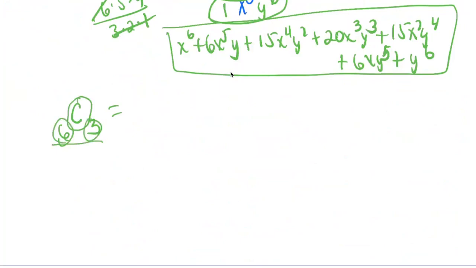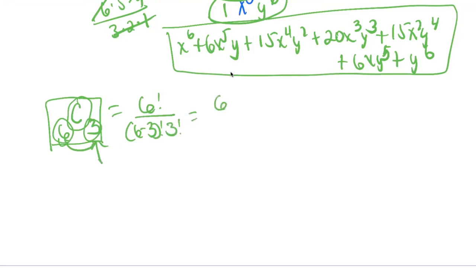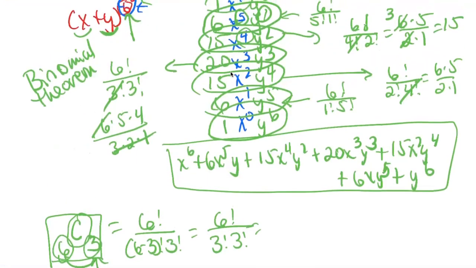But if you just see this notation in your homework, this means to take 6 factorial over 6 minus 3 factorial, and then repeat this number 3 factorial. It gives you 6 factorial over 3 factorial, 3 factorial, which I believe gave us 20.